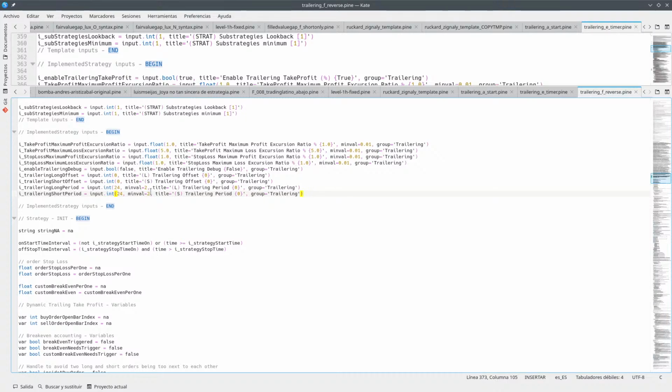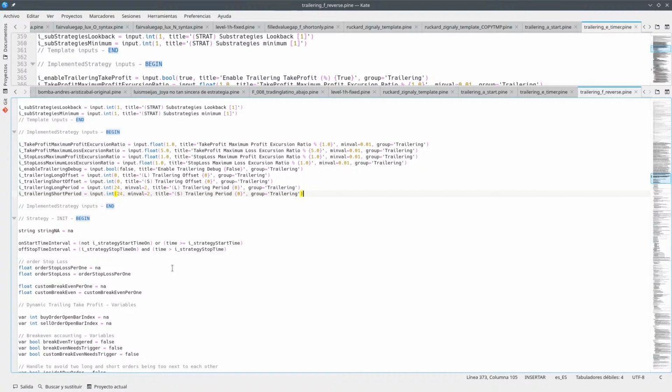So all these settings are virtual settings because I say so.